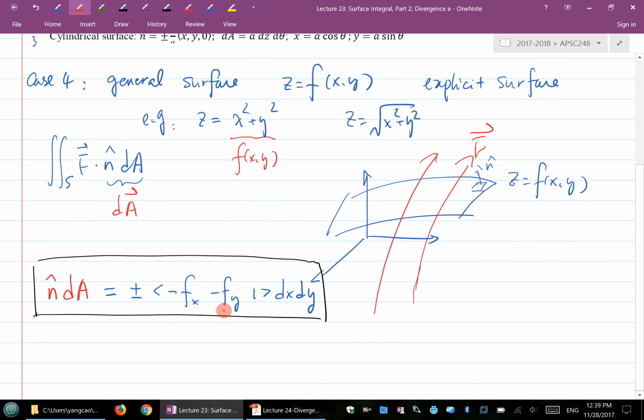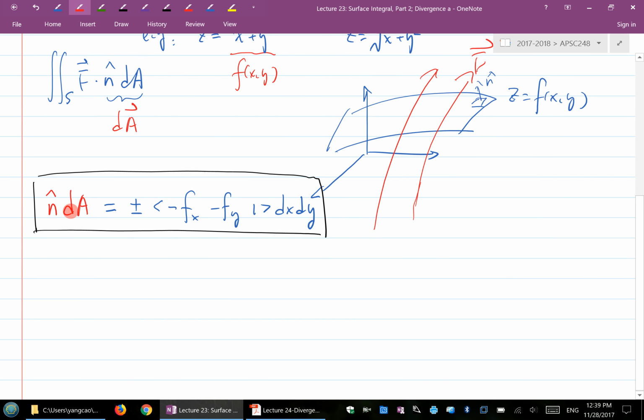Now, I'm going to put this back into the surface integral. Then F dot n hat dA will equal the vector field F dot this quantity.